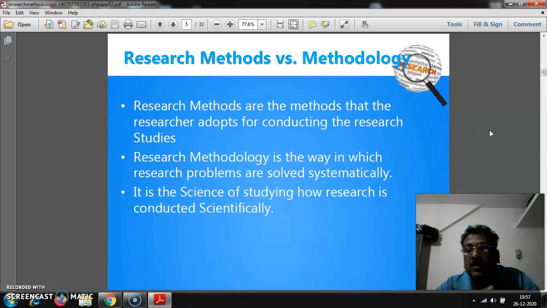Research methods means you are using primary data, secondary data, sampling techniques, research design, hypothesis, SPSS software or any other tools. These are called research methods. But research methodology is the way in which research problems are solved systematically, the science of studying how research is conducted scientifically.